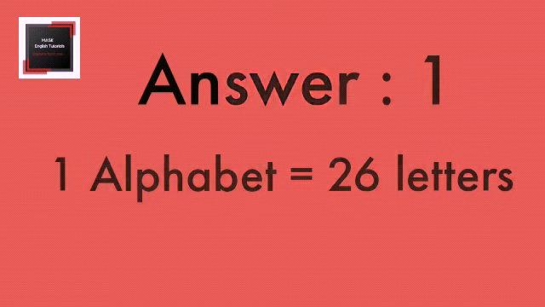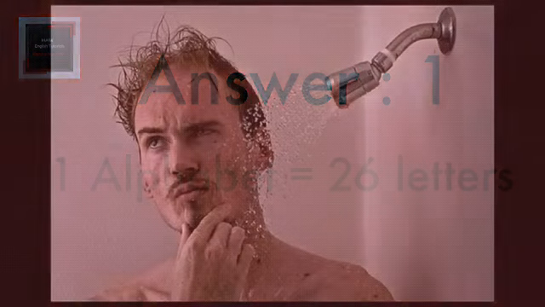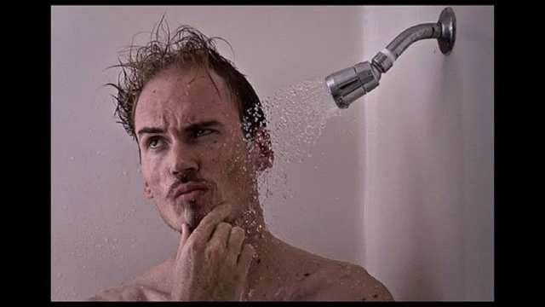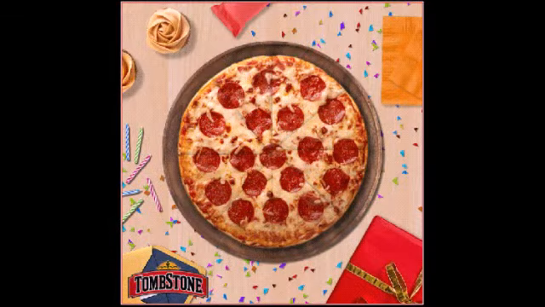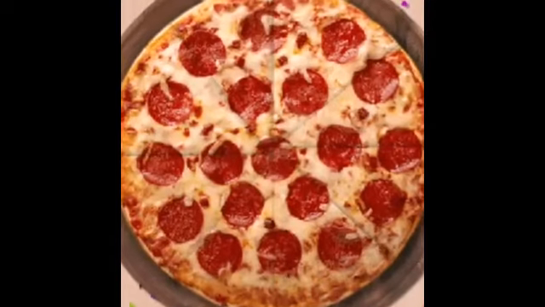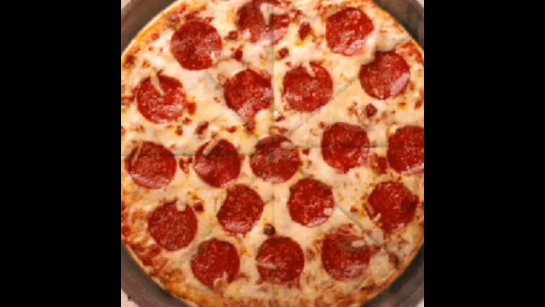In general, the English alphabet is a collection of 26 letters. Little confusing, right? I can give you a real-time example for this. Assume that you have a pizza and there are 8 pieces in the pizza.